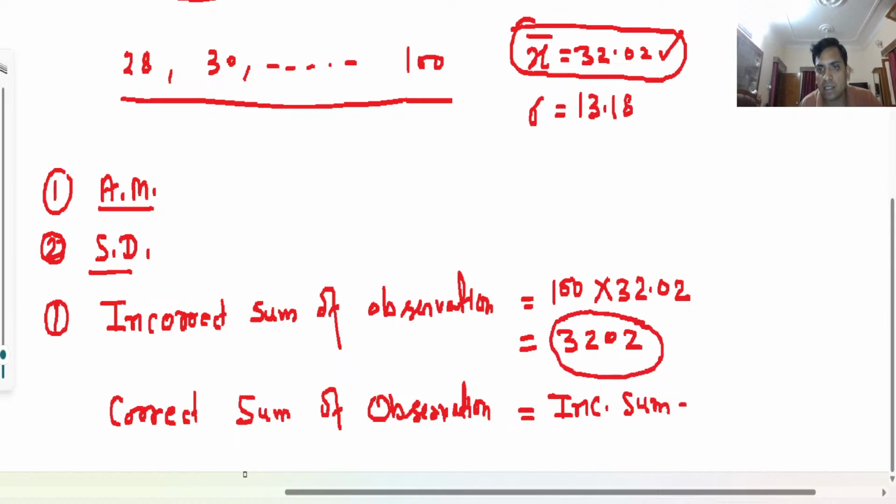Now we will subtract the incorrect quantity and then add the correct quantity. When we subtract the incorrect quantity, the count becomes 99, but we will add the correct quantity. Now this total sum is for 100 quantities. So the total incorrect sum is 3202. Now we will subtract.